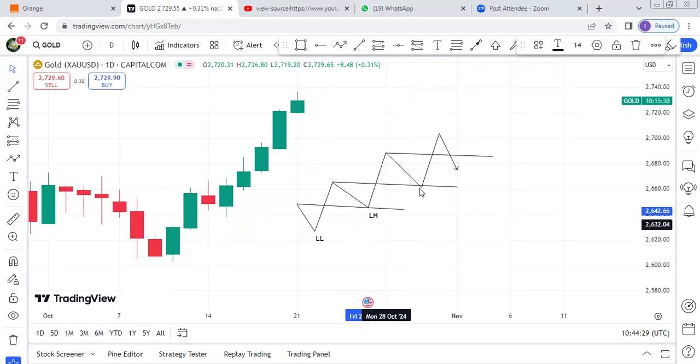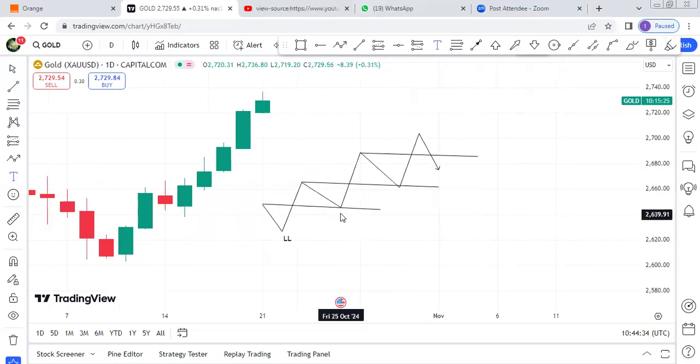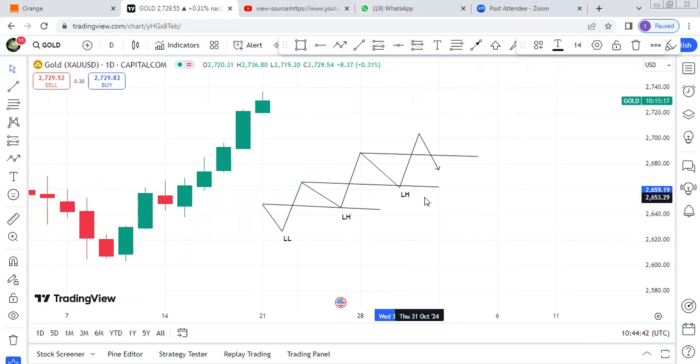And then we have our lower high, there is our lower high right there, and then we have another lower high here. And then we don't have a lower high; up here, we say we have a higher high. This is our higher high. This is our higher low.